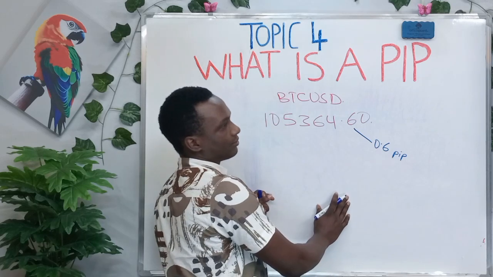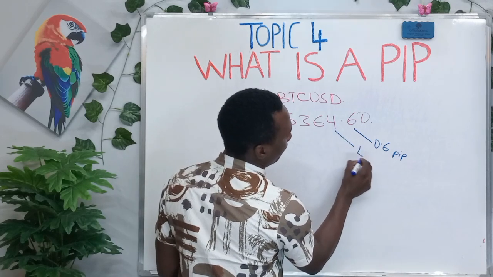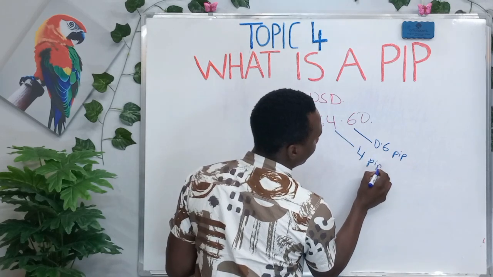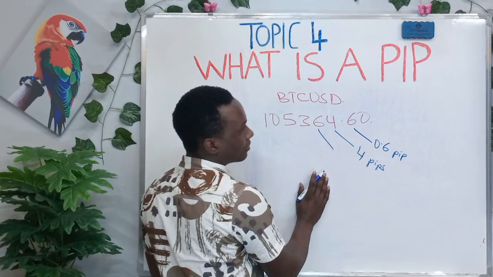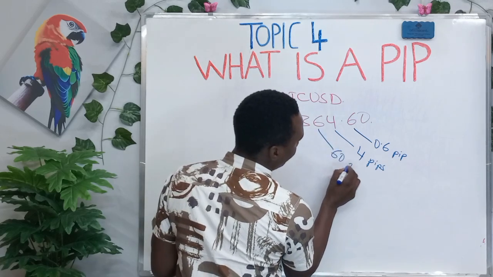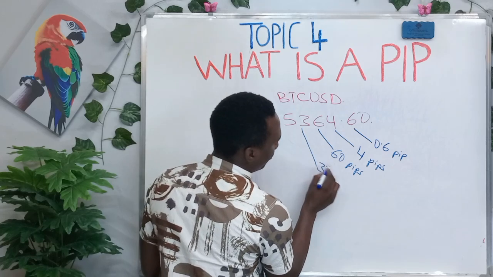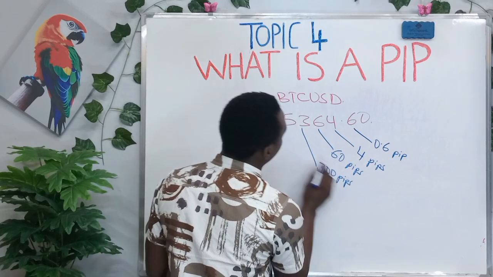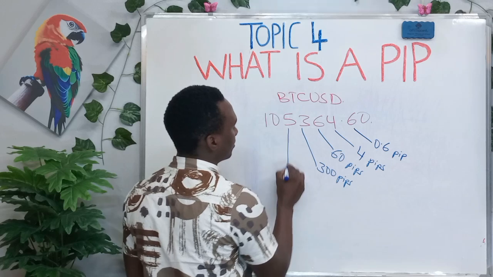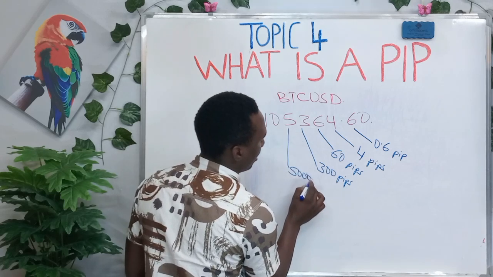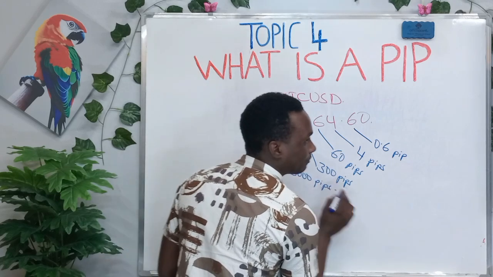Is that correct? This is 4 pips. What about this? 60 pips. What about this? 300 pips. And this one? 5,000 pips. Okay?